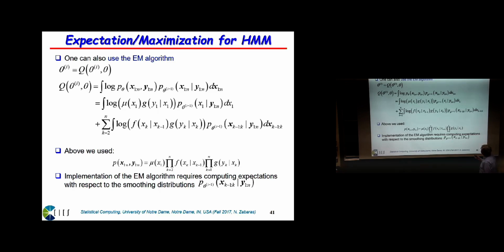Effectively, the only thing that you need to be able to do is taking averages with respect to this posterior of the states where the parameters have been set in the previous update, and i is an index of iteration. So if you can calculate this integral, then you can maximize this joint log likelihood. And this leads to the EM algorithm.